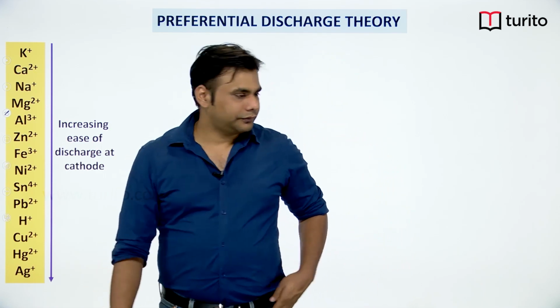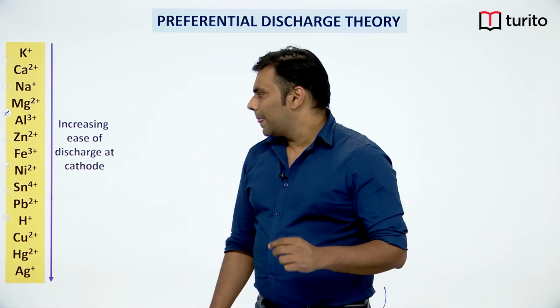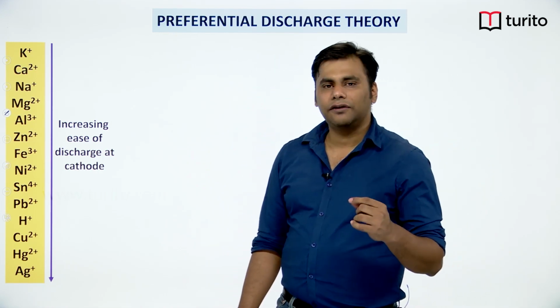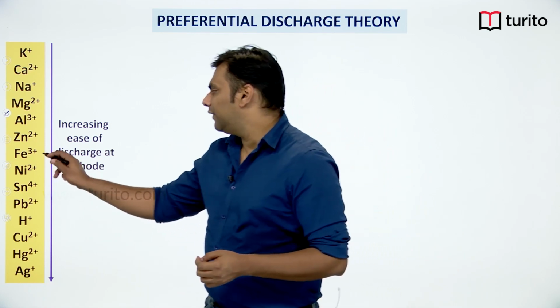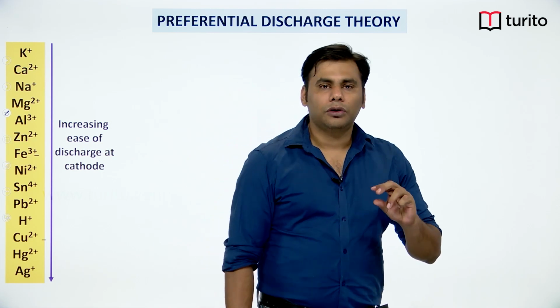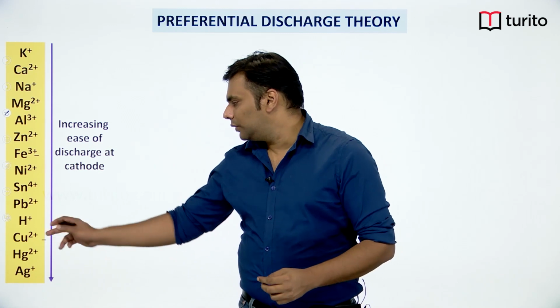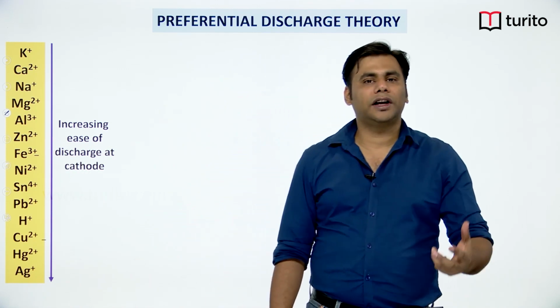Okay, so suppose in a solution there are two cations, suppose we are having say iron 3 plus and say we are having copper 2 plus. Okay, now out of these two species, which has more tendency to get reduced? We know that copper 2 plus is having more reduction potential.